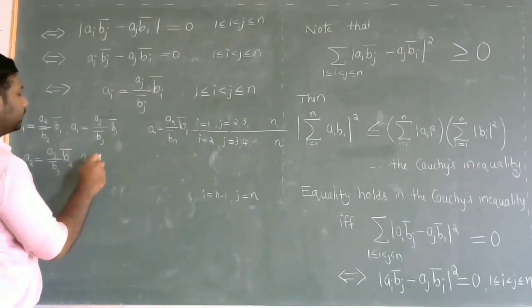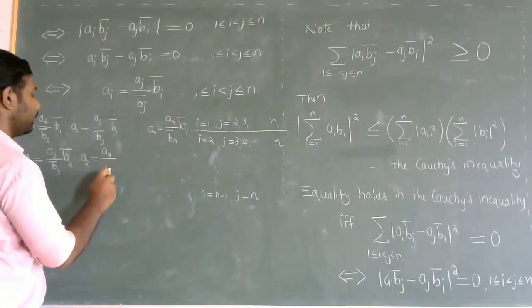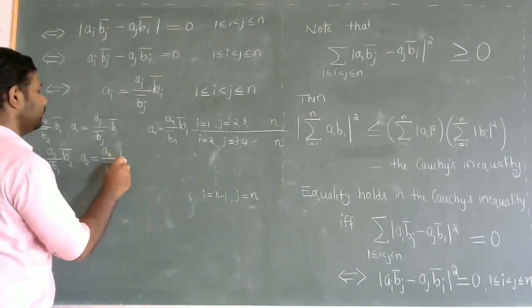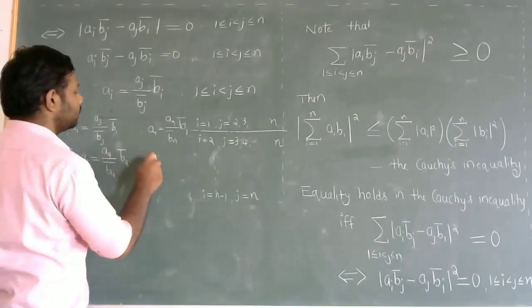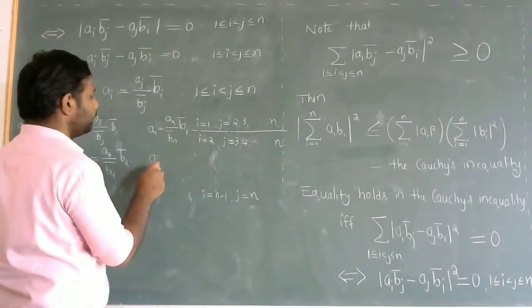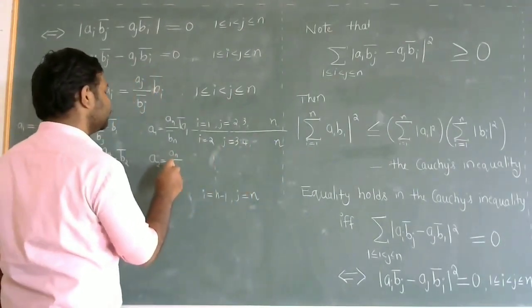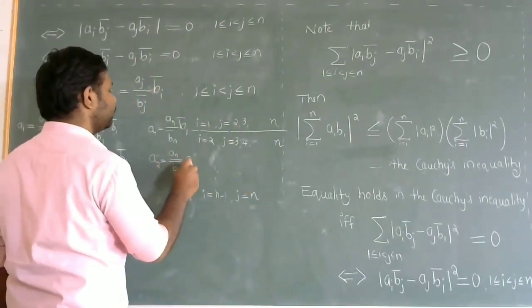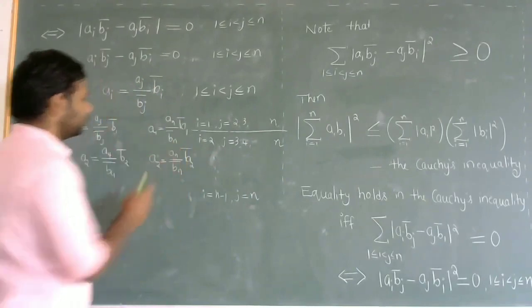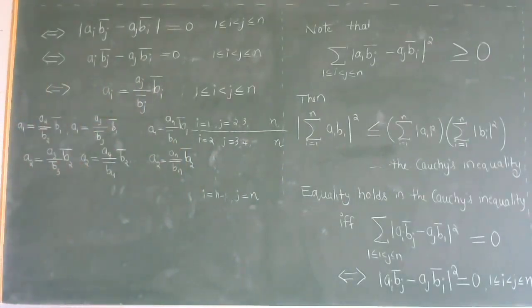Similarly, a2 is equal to a4 by b4 bar into b2 bar, and so on. The maximum value is once again an, so a2 is equal to an by bn bar into b2 bar. So repeat this, and we'll get some equations.